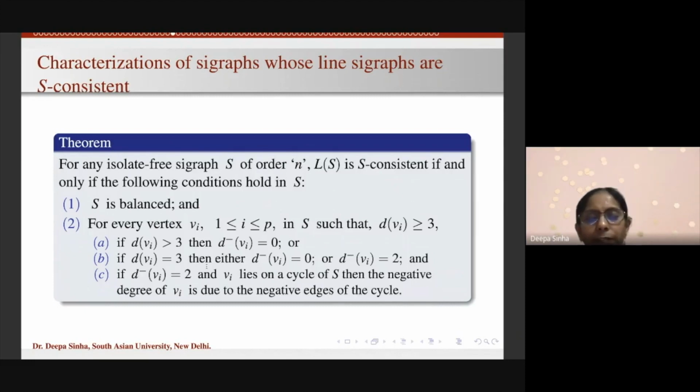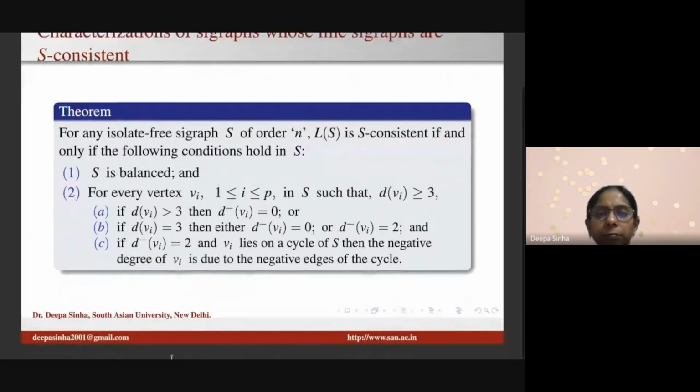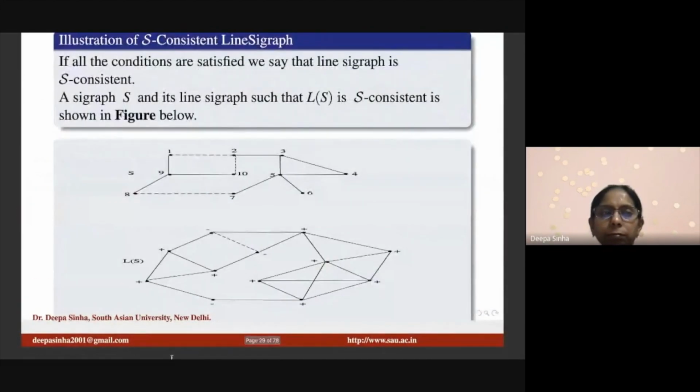And if the degree of vi is due to a negative cycle, then the negative degree of vi will be due to the negative edges of the cycle. If all the conditions are satisfied, we say that the line sign graph is S-consistent.